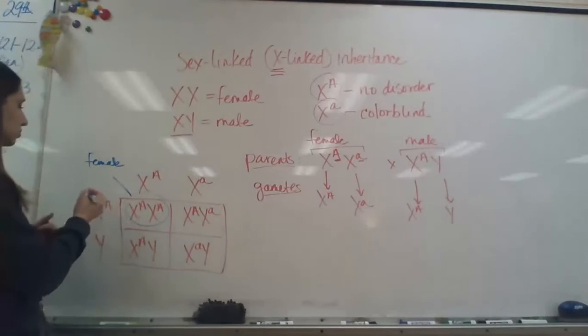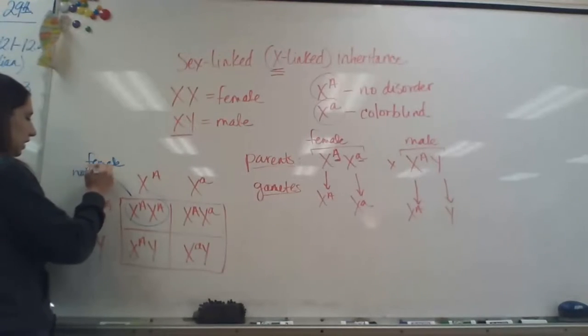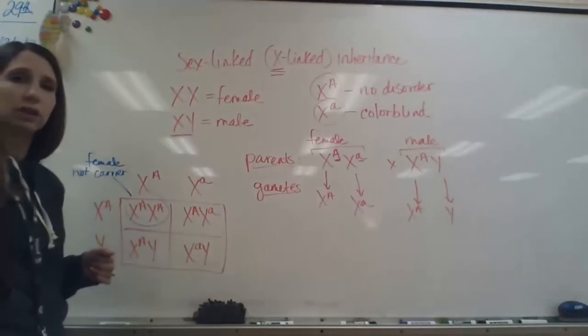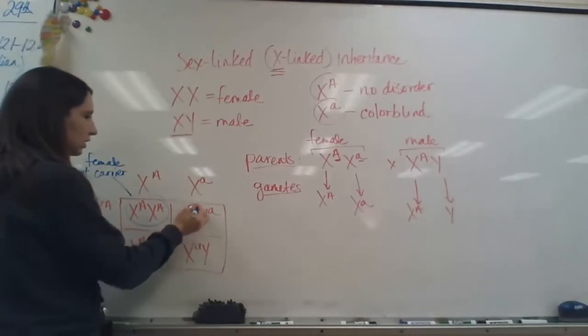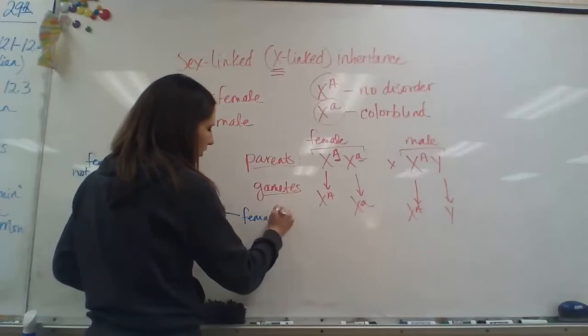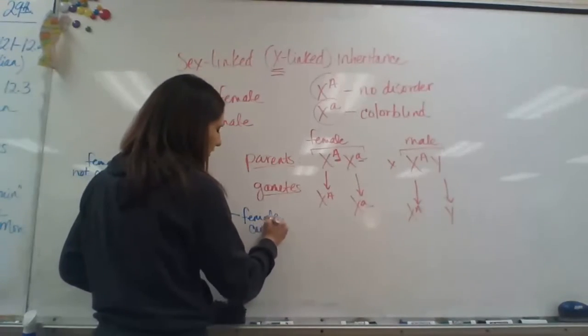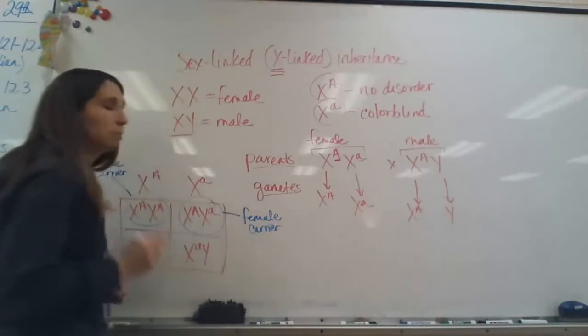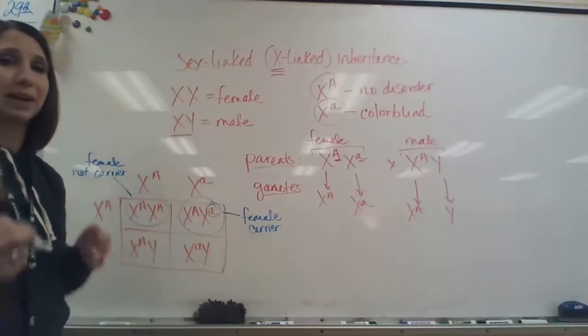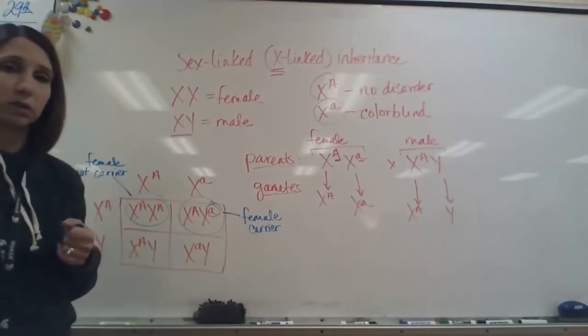So she's a female, not a carrier, because she doesn't have the little a allele to pass on. Okay, this one, on the other hand, is a female, but because she's got that little a allele, we're going to call her a carrier. She is not colorblind, but she carries this little a and can pass it on to her offspring if she passes down that X chromosome, right?